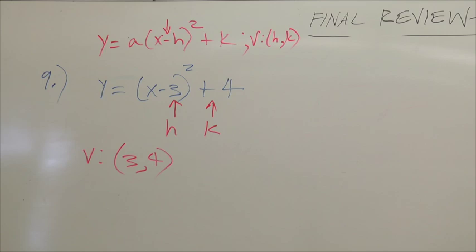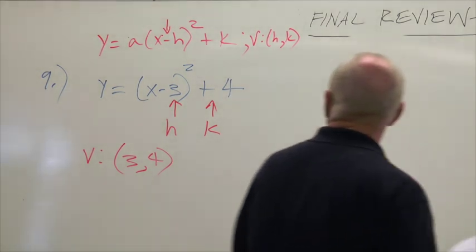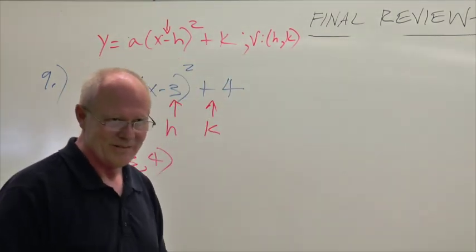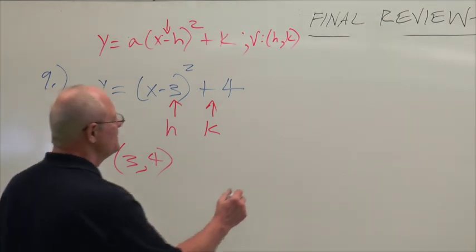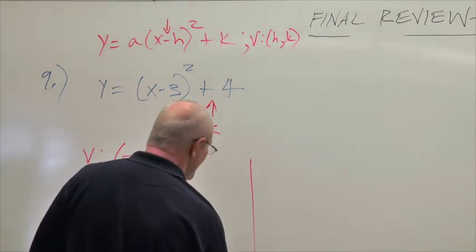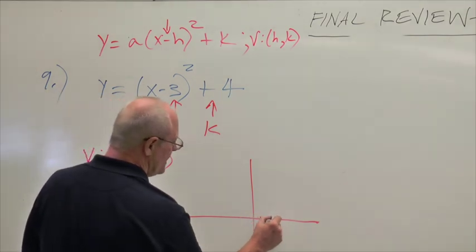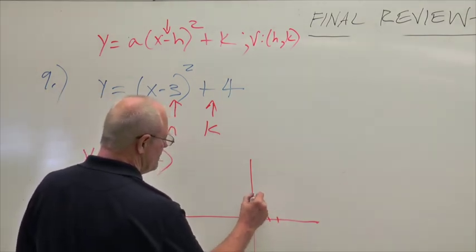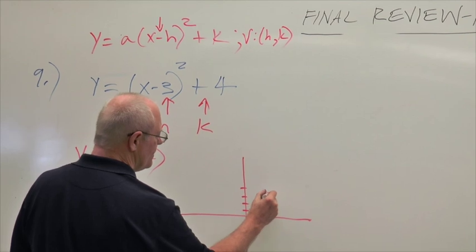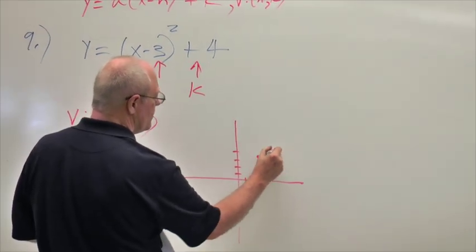All right. So what about the axis of symmetry? What would it be? If this is the vertex, (3, 4), that's here, isn't it? So this is opening upward.